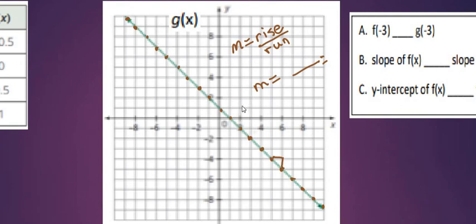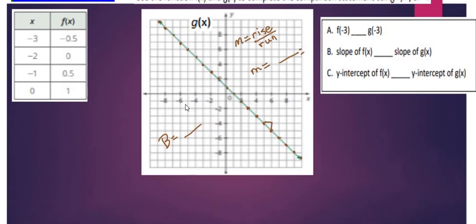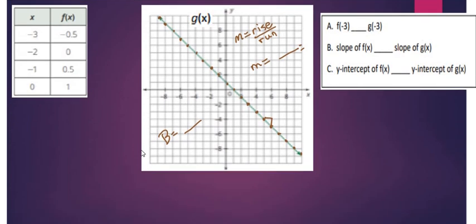Now, when I look at this right here, I also have to determine my b. What is my y-intercept? Now, once I have that, I have to come up and write my function for each one of these. Once I have that, then use these two functions to answer these questions.